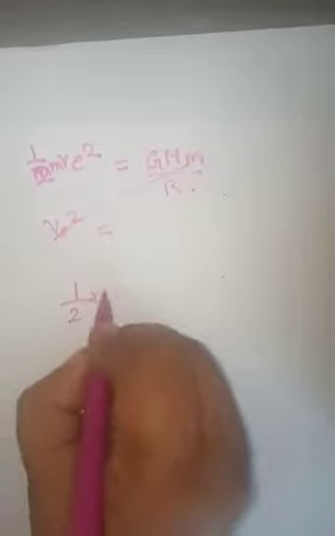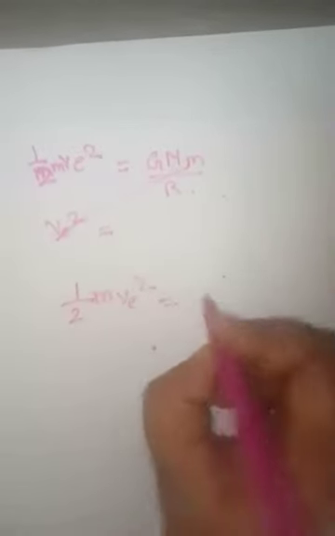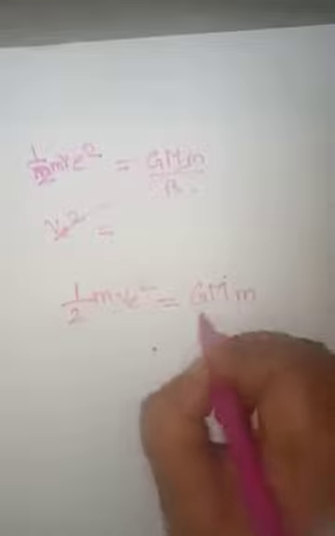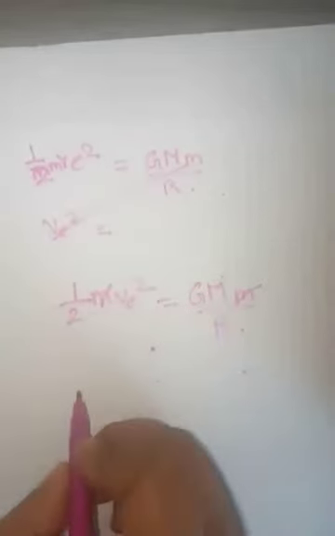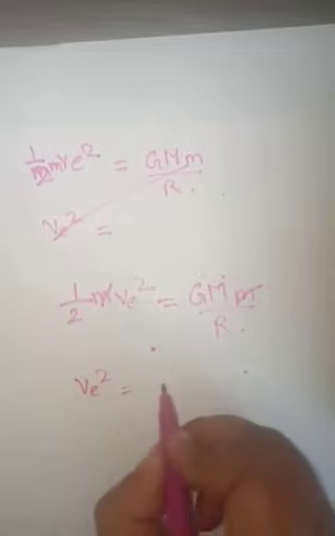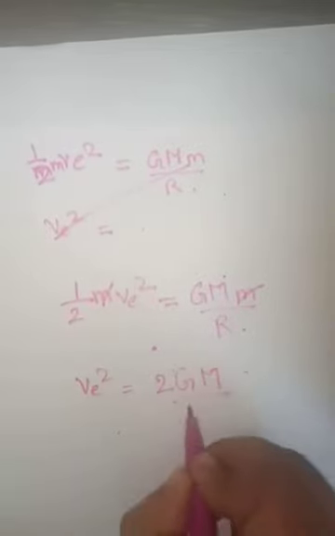Half m v squared is equal to G M m by r. So half m V_E squared is equal to G capital M small m by r. We can cancel the m on both sides, and V_E squared is equal to 2GM by r.